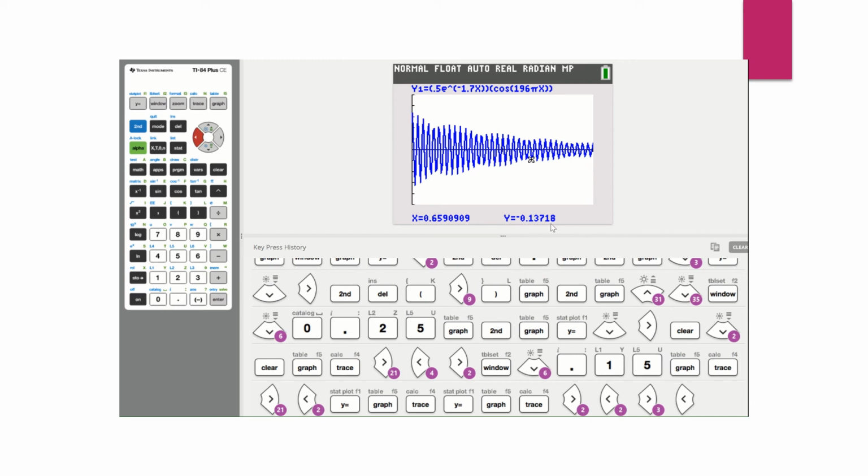That gets us within the range of negative 0.15 and positive 0.15. So we might conclude that somewhere around 0.64 to 0.65 seconds we're within that range in this damped function. Wow, it's pretty bizarre.